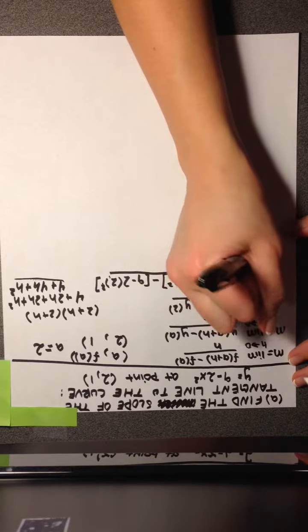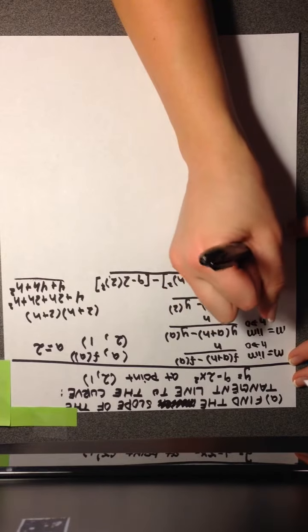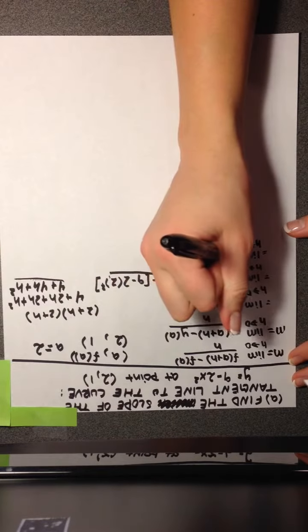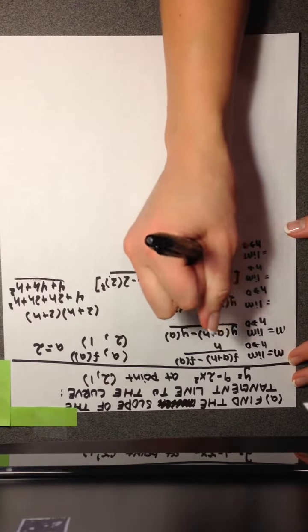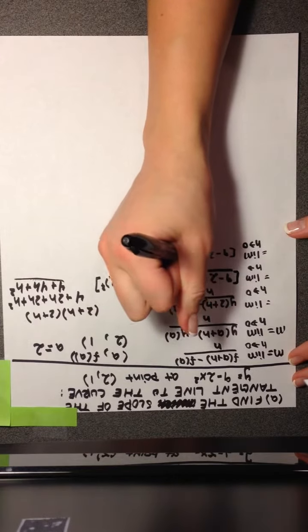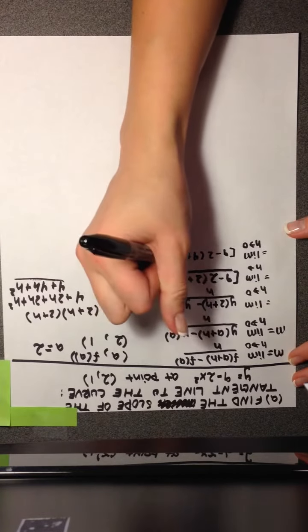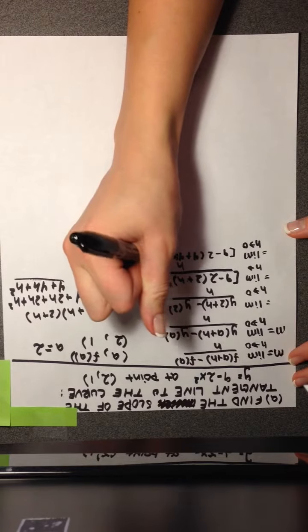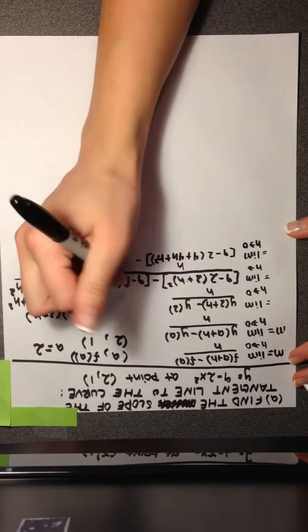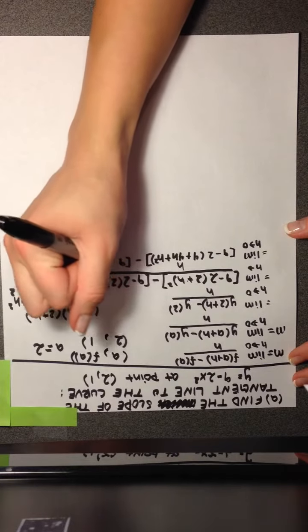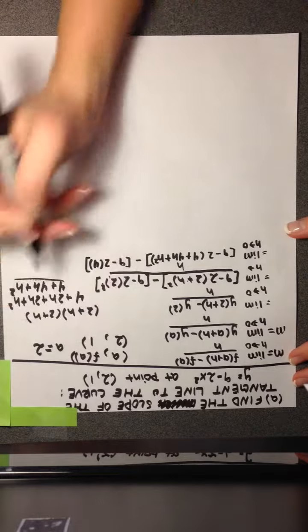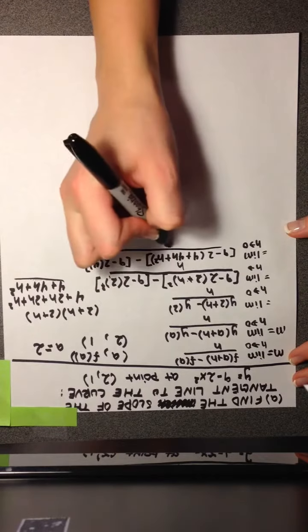So we have the limit as h approaches 0 of 9 minus 2 times 4 plus 4h plus h squared, minus 9 minus 2 times 4, because that's 2 squared, and then again all over h.